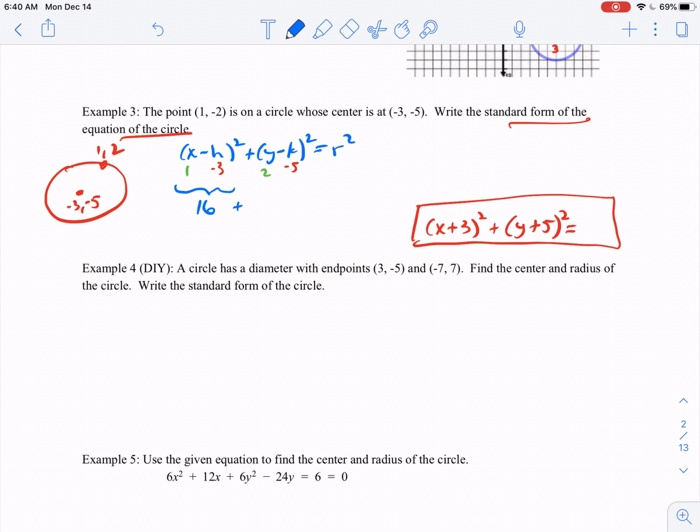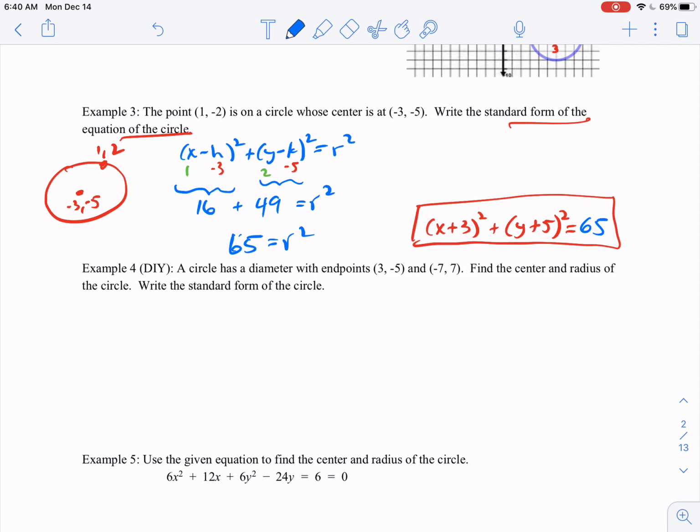And then over here you have 2 minus negative 5, so that's really 2 plus 5, which is 7, and 7 squared is 49. By doing that, you're plugging in the center and the solution point. You know everything on the left-hand side. So this turns out to be 65 for your r squared, and that goes right in there.